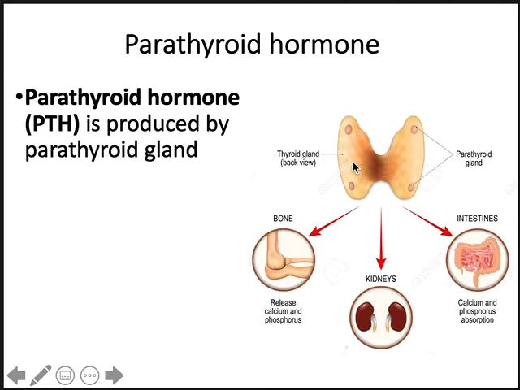Okay, and when you stimulate the parathyroid gland to release parathyroid hormone, this is going to do three main functions. It's going to remove calcium from the bone to release it into the blood. It's going to tell the kidneys to reabsorb calcium, again, to put it into the blood. And it's also going to tell the intestines to absorb more calcium, and again, to put it into the blood.